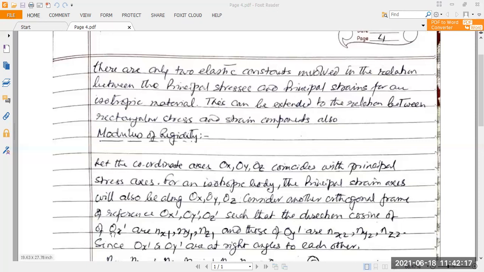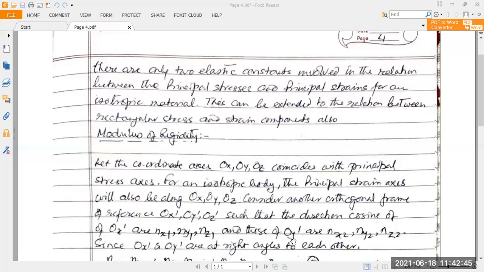Each individual OX dash line has direction cosines nx1, ny1, and nz1, which are the cosines of the angles it makes with OX, OY, and OZ. They may be the same or different; we are assuming they are different.